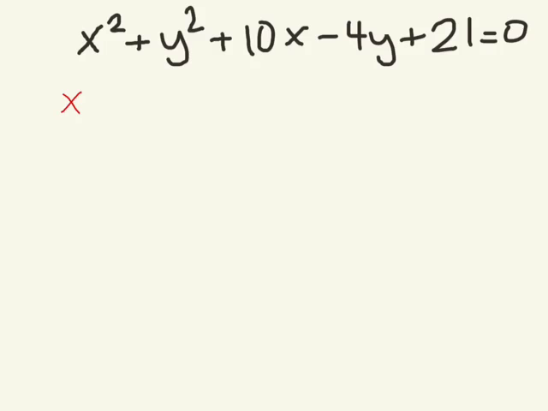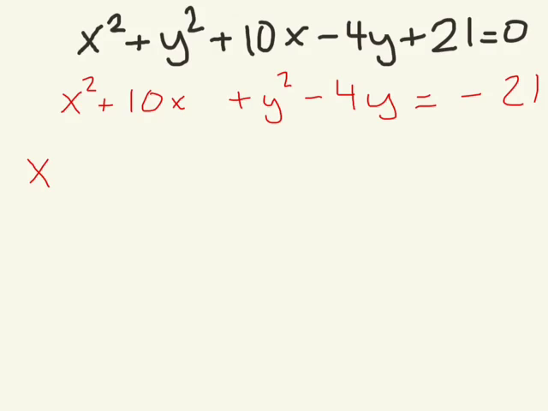In this case I get x^2 + 10x + y^2 - 4y = -21. Now in order to complete the square we're going to need some space, so x^2 + 10x, and since we're completing the square, take half of the 10 and square that. That gives us 25.